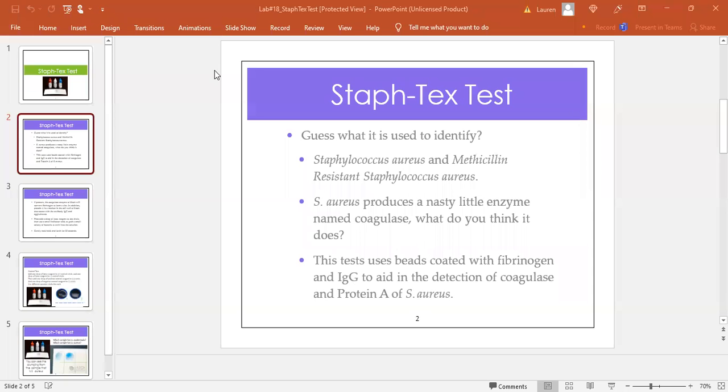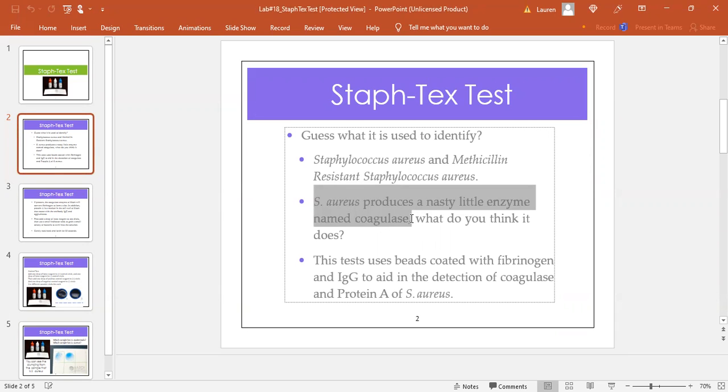So here, I'll pull up the staph test. Let's look at what S. aureus has first. S. aureus has this enzyme called coagulase. Now, coagulase, from the root word coagulate, obviously is going to clot or cause something to coagulate, right?